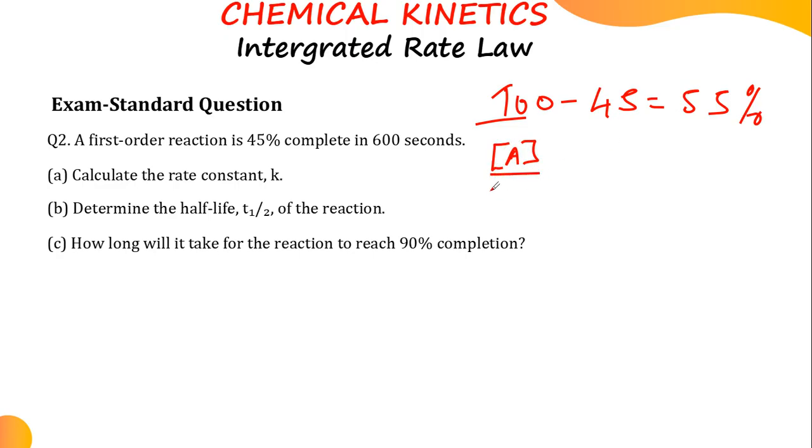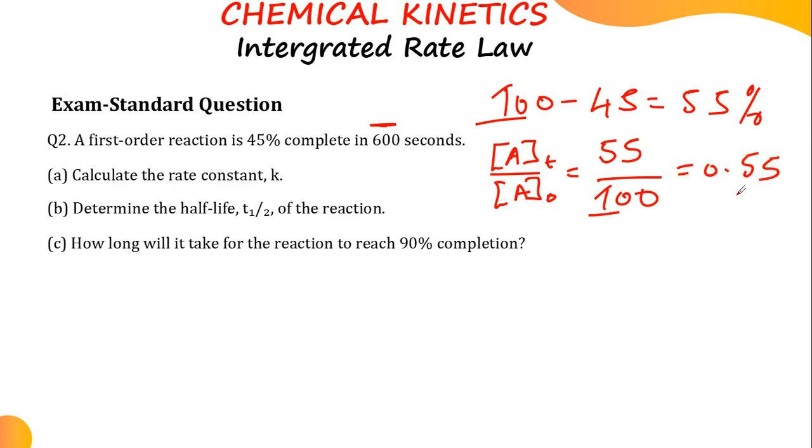Now it has changed: time over the initial, like that. The remaining one, specified at time t, is 55, so you have flipped it. Then the initial is 100. The initial can be represented by 1 or 100. So when you divide, you get 0.55.